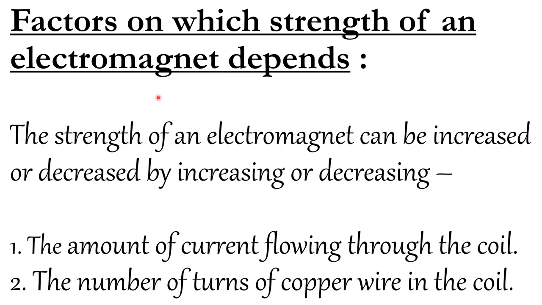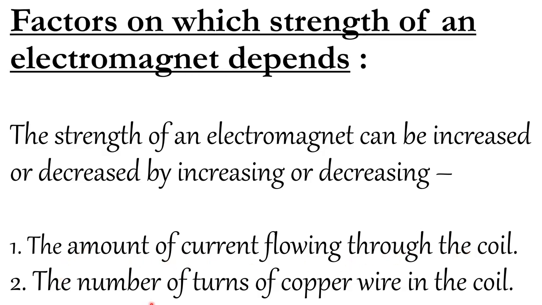Factors on which the strength of an electromagnet depends. Students, the strength of an electromagnet can be increased or decreased by increasing or decreasing, pay heed to all the points: Number 1, the amount of current flowing through the coil.